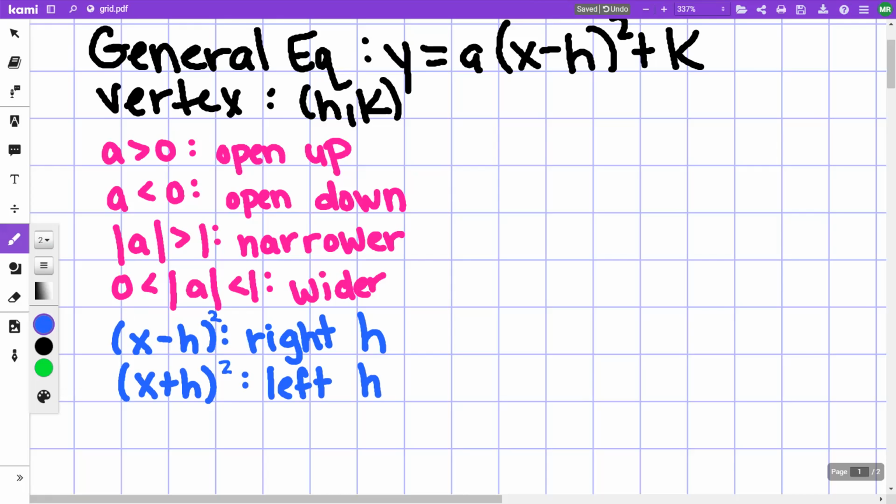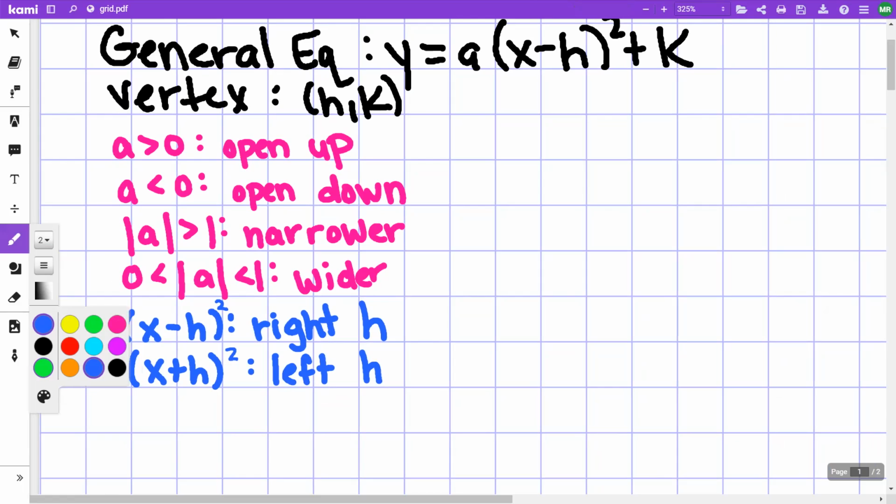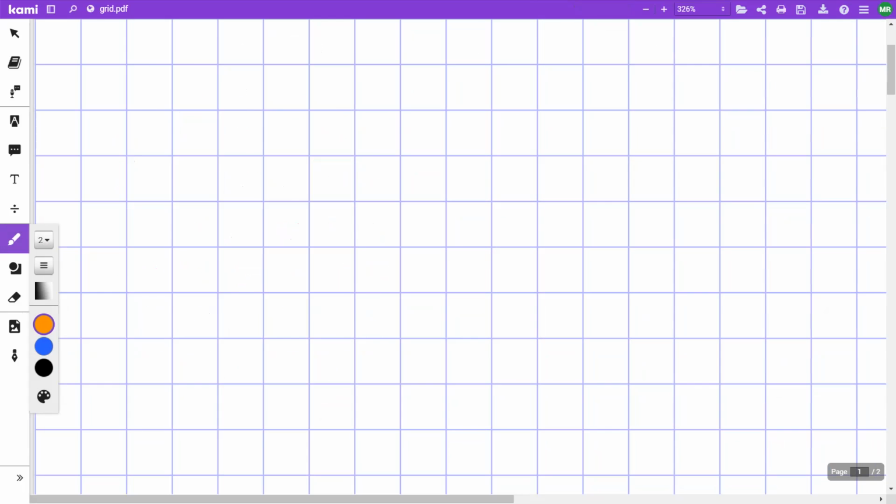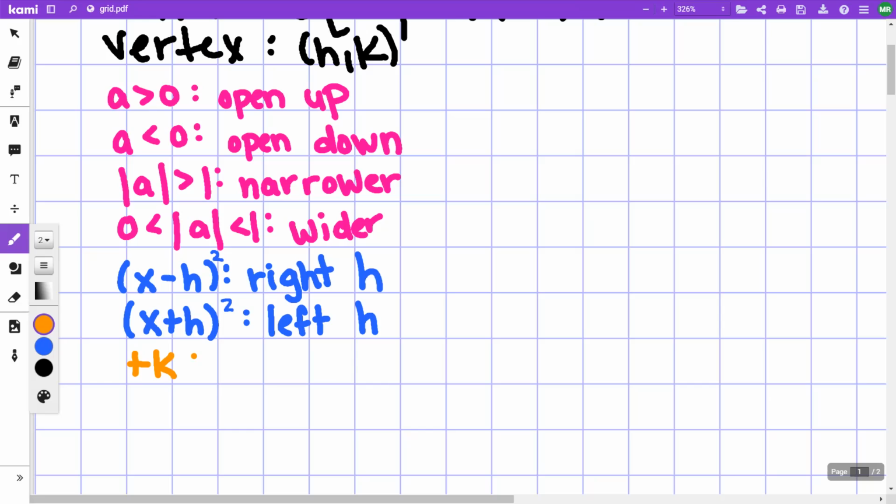And then the last bit of this is our k. So we have a plus k, which means we're going to go up k, or we have a minus k, which means we're going to go down k.